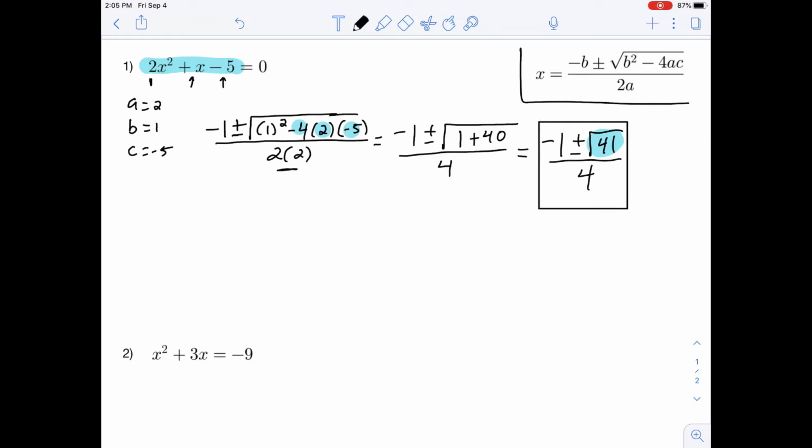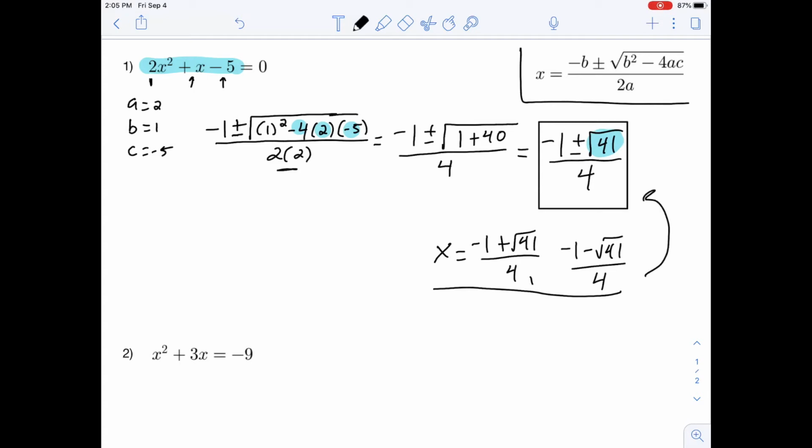Now understand it could be split off because there are two solutions here. So x is equal to -1 plus the square root of 41 over 4, and then -1 minus the square root of 41 over 4. Remember, there are two solutions. It's a quadratic. So either way, you can write it like this, or you can leave it together like that.